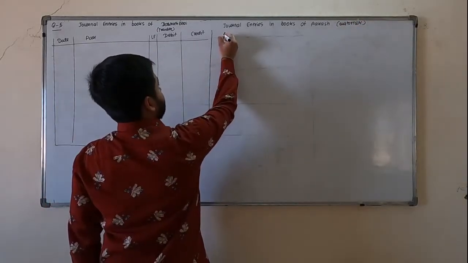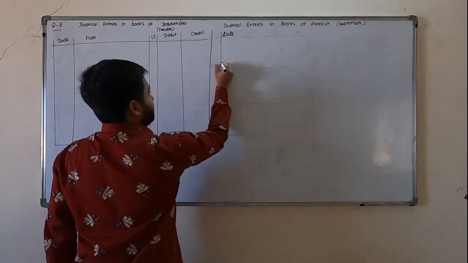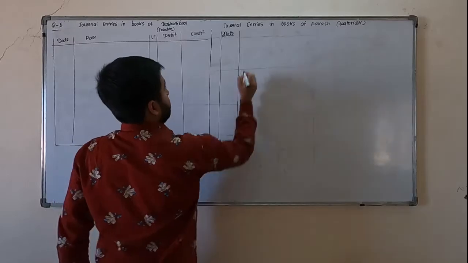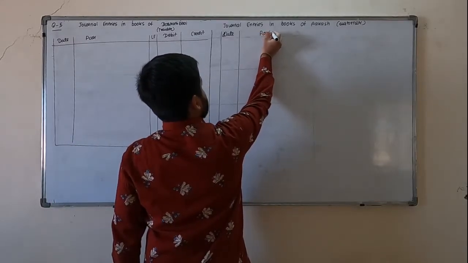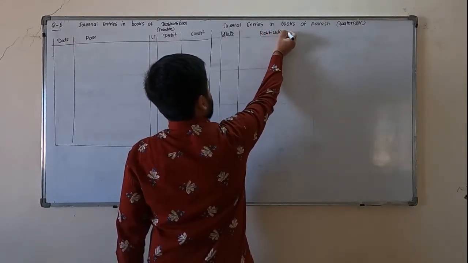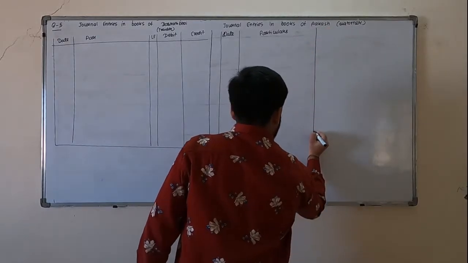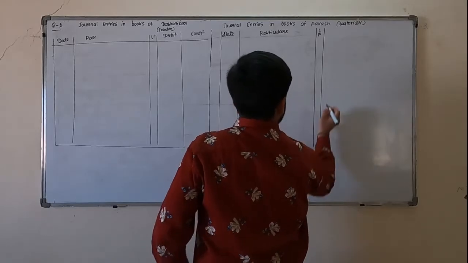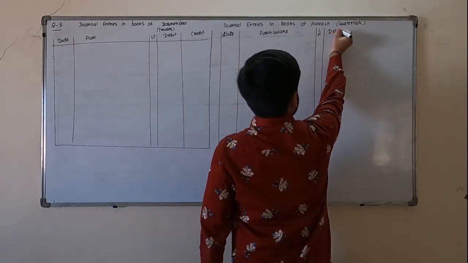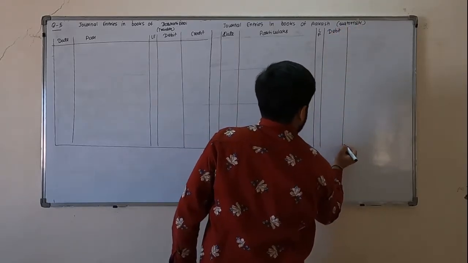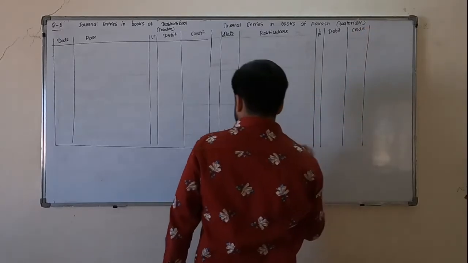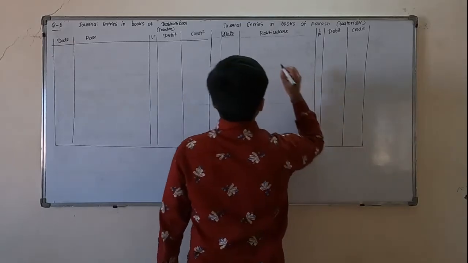For that, date, particulars, LF, debit, credit. The format is ready. Let's start the sum.